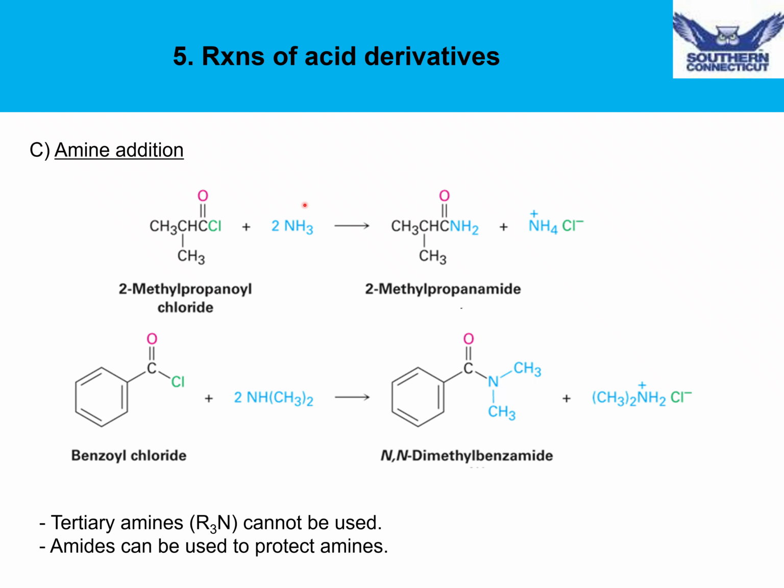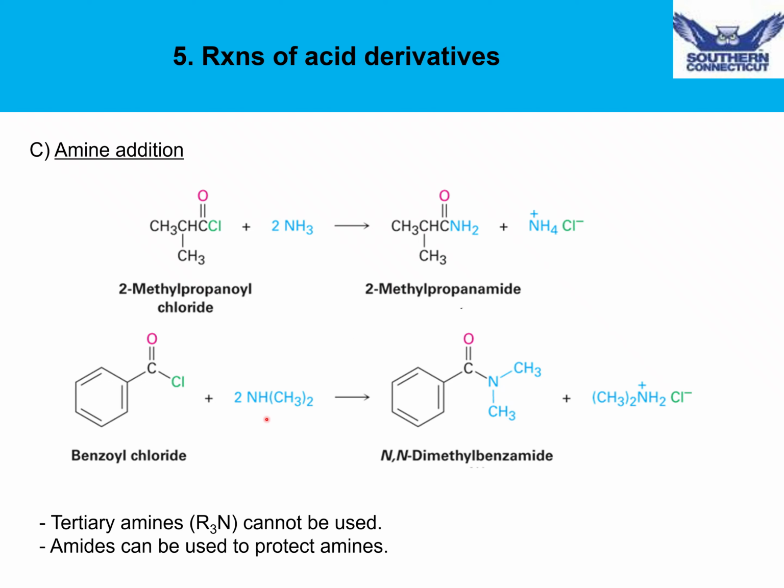One of these ammonia molecules would replace the chlorine and give you an NH2 group on the carbonyl. The other molecule of ammonia will react with the HCl byproduct that results from any acyl substitutions on an acid chloride and would form a byproduct of ammonium chloride.